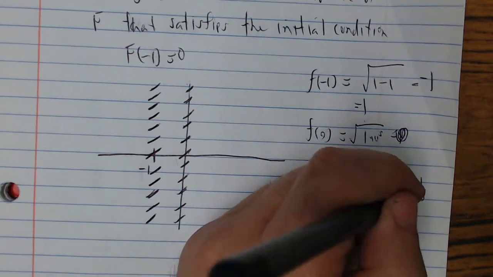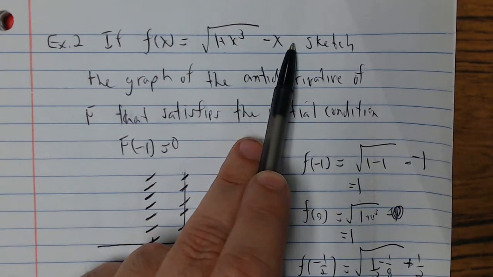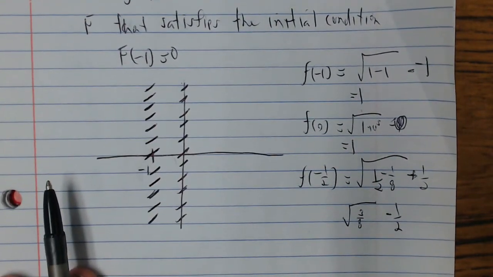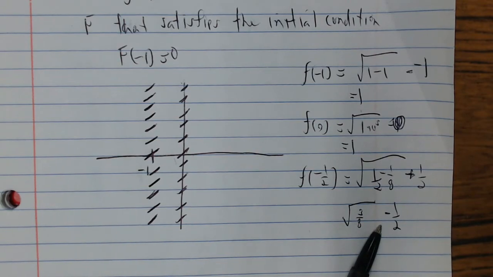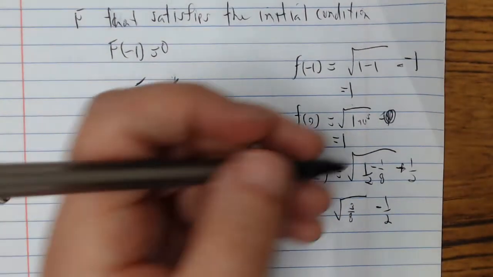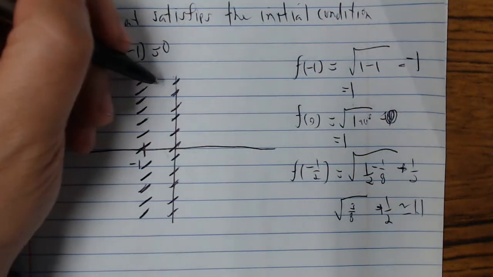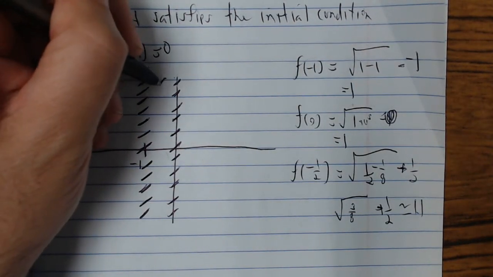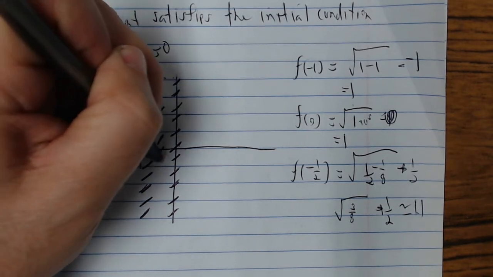This should be a plus 1/2 because I plugged in -1/2. With this minus and a negative makes it plus. So I should actually put square root of 3/8 plus 0.5, which gives us about 1.1. So it's slightly increasing faster. So the slope would be a little steeper than what's going on here.